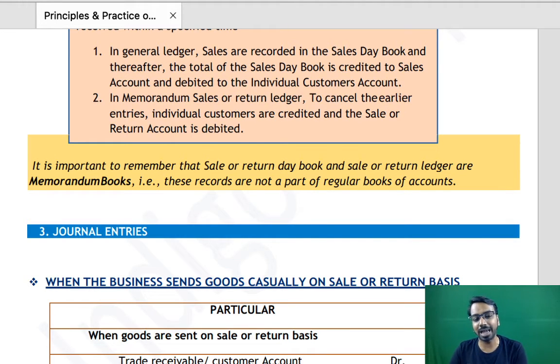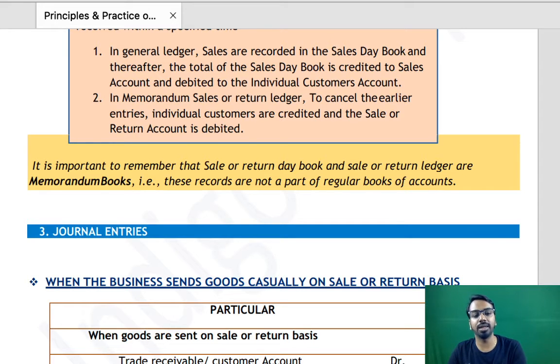There is a time frame given: 30 days, 1 month, 2 months, 3 months. Within that period, if they accept the goods, it will be treated as sales. If they do not accept the goods, it will not be treated as sales.